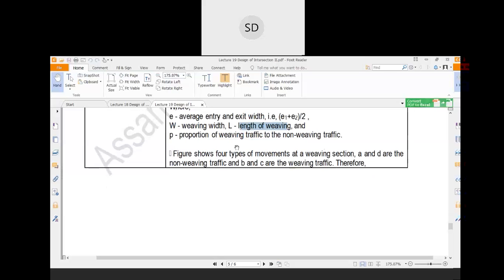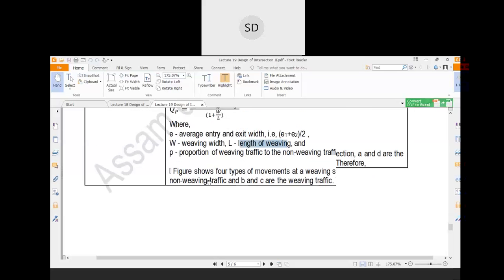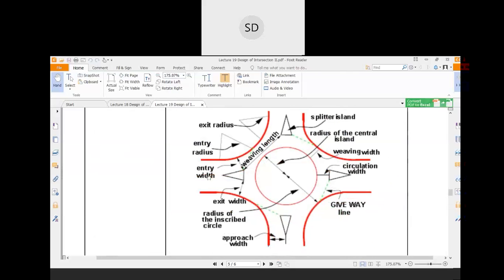P is the proportion of weaving traffic to the non-weaving traffic. Suppose some vehicles will be going directly in this lane, and some vehicles will go around this intersection. So you have to find the proportion of this number of vehicles to this number of vehicles. This is called the proportion of weaving traffic to the non-weaving traffic.